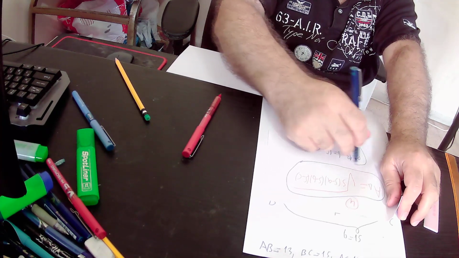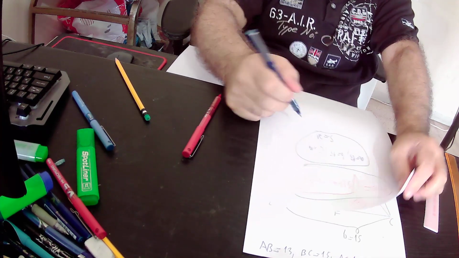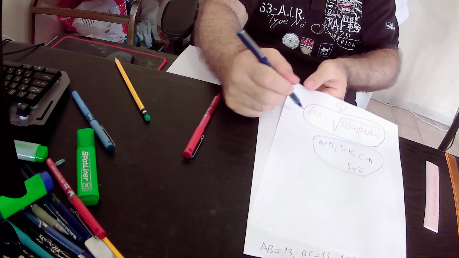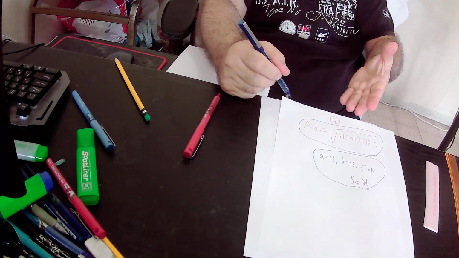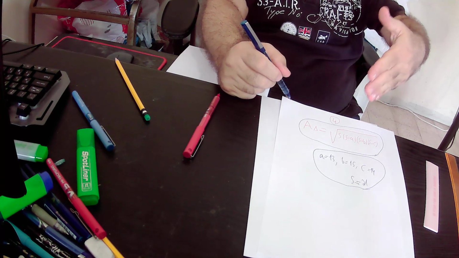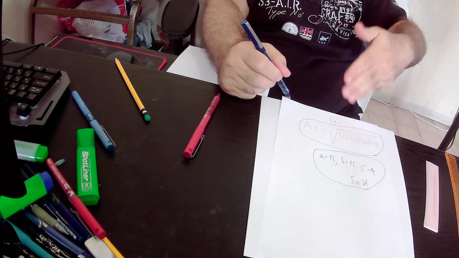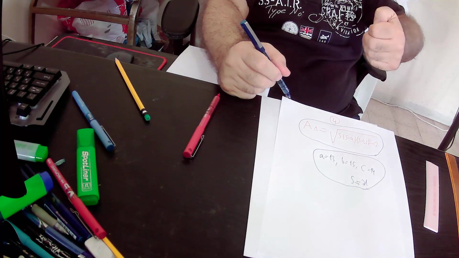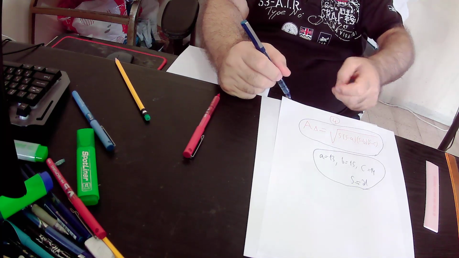So actually we have all the variables of this formula, and the only thing that is left is to put the data inside that formula and to find out the area of triangle ABC.